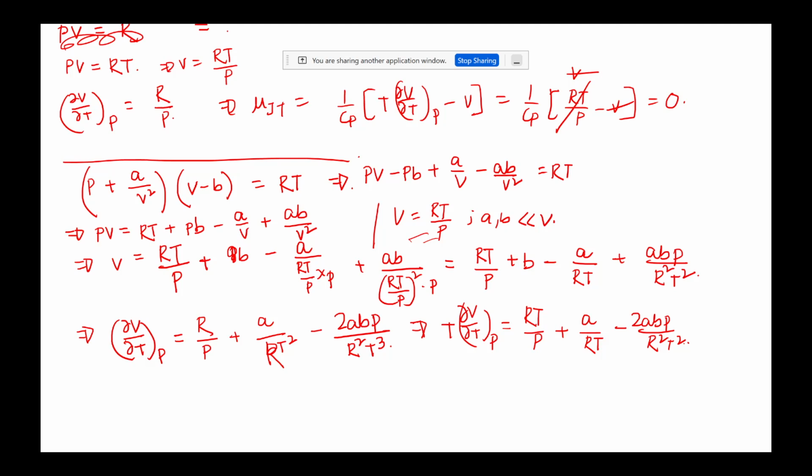Now if we substitute in this expression, mu JT is 1 by Cp times this, which will give you RT by P plus A by RT minus 2ABP by R square T square.